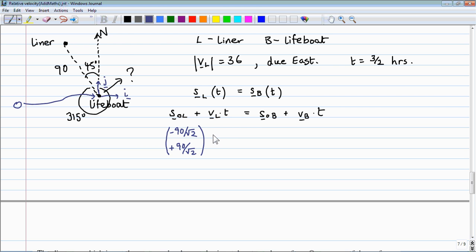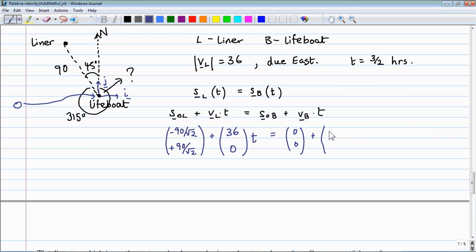The velocity of the liner is already given, which is nice. We're told that it's 36 magnitude, but it's due east. Well, due east is just I, so it's 36 I component and 0 j component, and that's multiplied by t, and that must be equal to the starting position of the lifeboat, which is actually a 0 vector, conveniently, because it's at the origin when it starts, plus the velocity of the lifeboat, which we don't know.